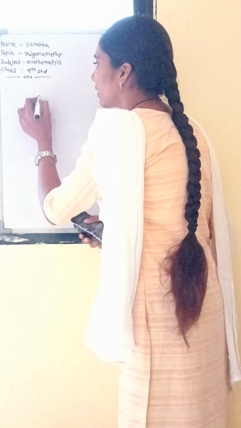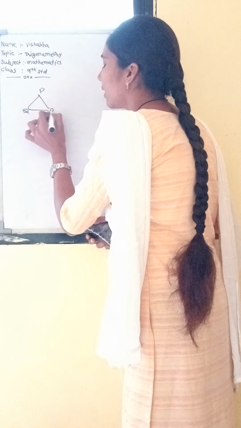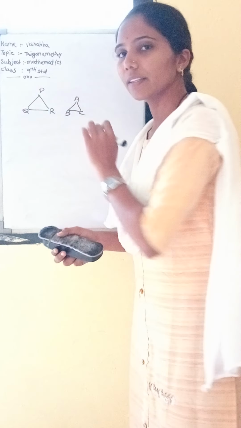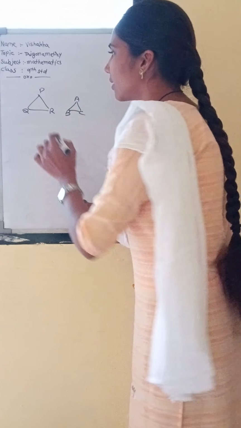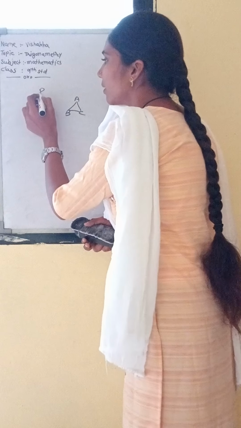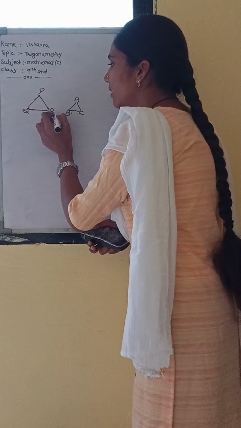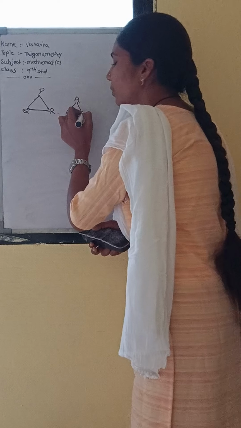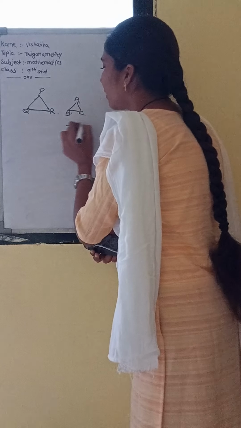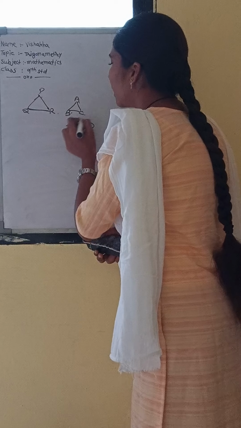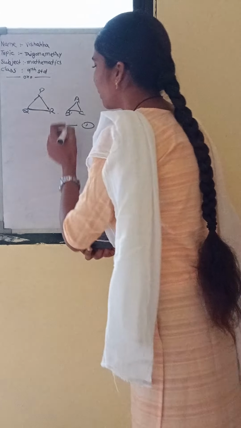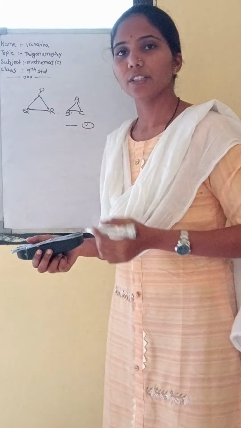If we consider triangle PQR and triangle ABC, two triangles, they are similar when PQ is similar to AB, QR is similar to BC, and PR is similar to AC. By using the property of similarity of triangles, we can calculate the value of the sides of a triangle.